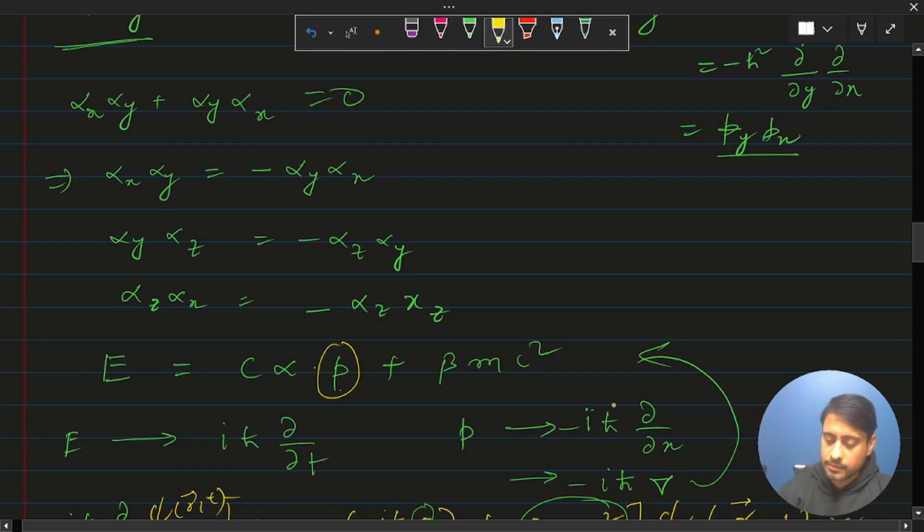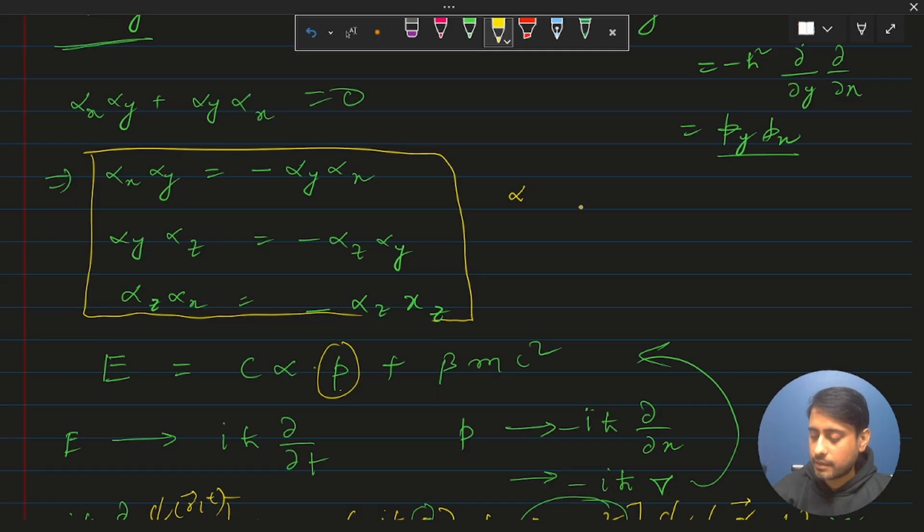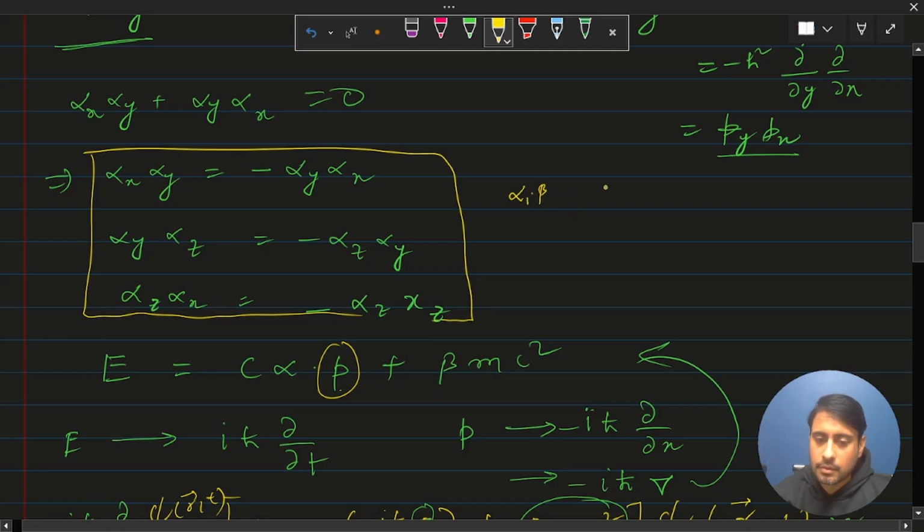We have written that these three coefficients should be 0, as you have seen. Basically we have already written this, but not for beta. We want alpha I into beta.